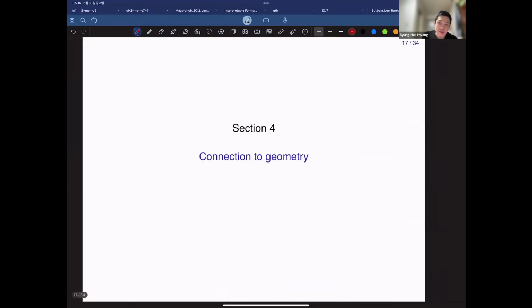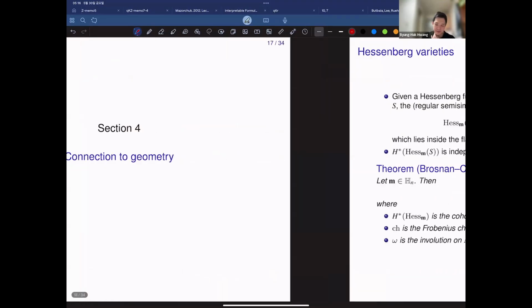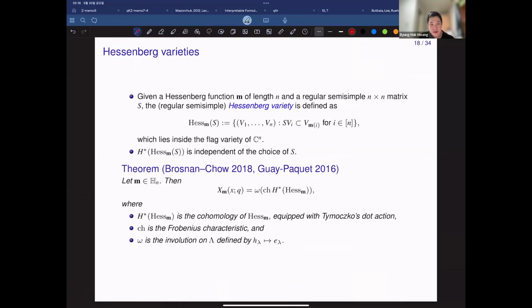Okay, and let's move on to geometry. I hope that you are familiar with this well-known fact, so I don't want to spend my time on defining the Hessenberg variety. A Hessenberg variety is a subvariety of the flag variety, which has many interesting combinatorial properties.